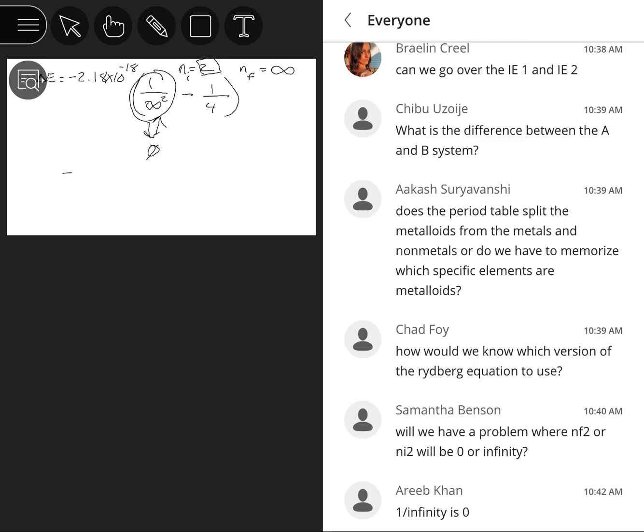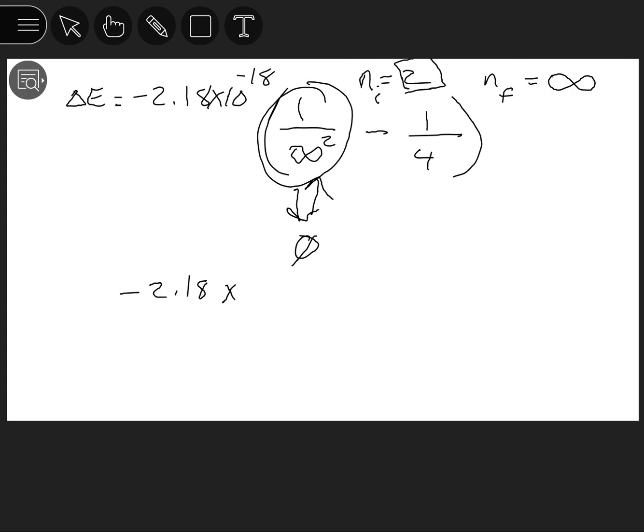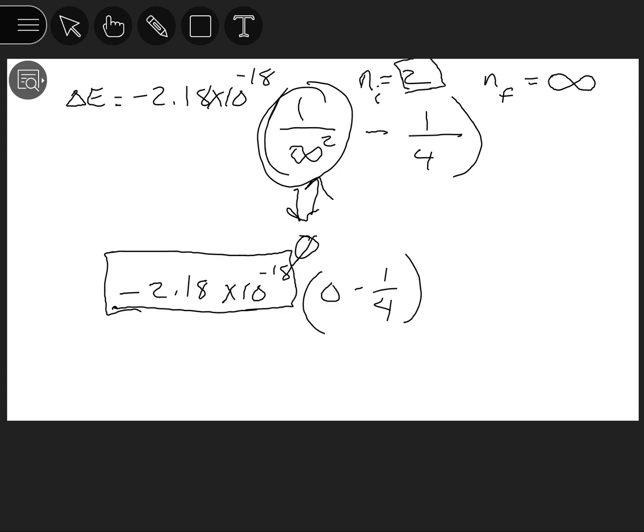Then you just have negative 2.18 times 10 to the negative 18 times 0 minus 1 over 4, so basically this times negative 1/4.